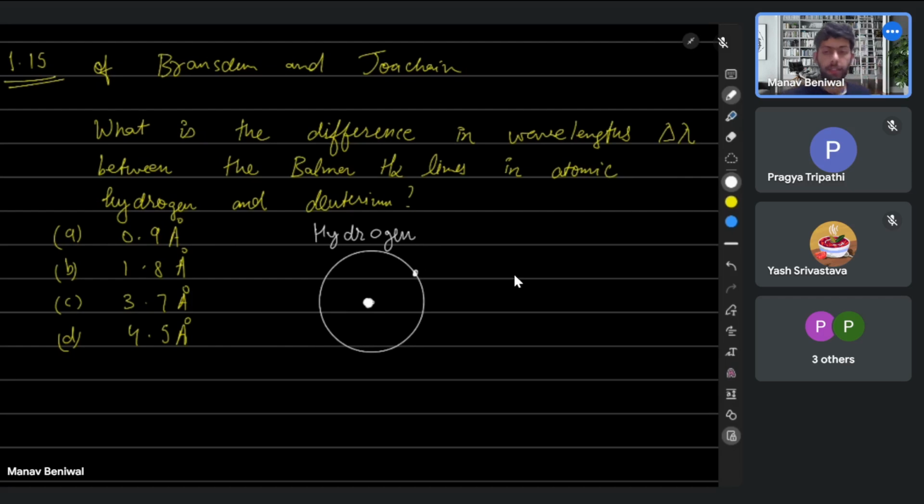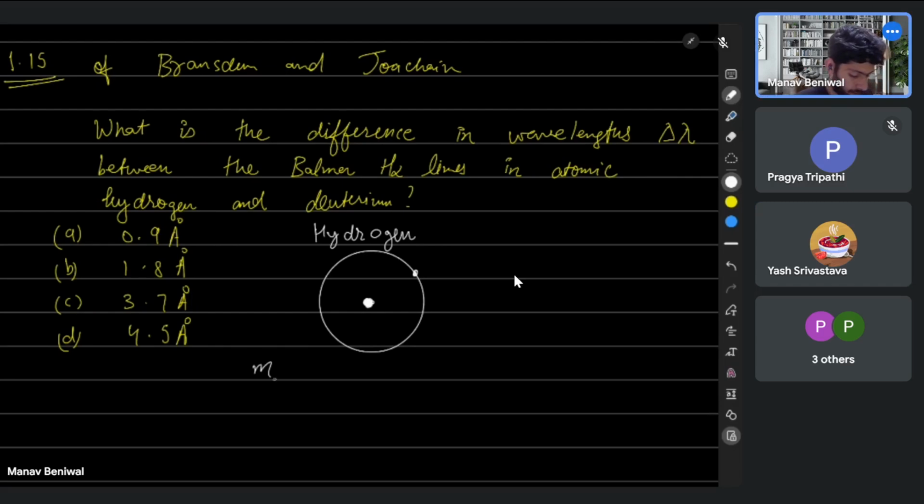Correct? Now, how many protons and neutrons are there in the nucleus of hydrogen? So one proton, and how many neutrons? Zero.